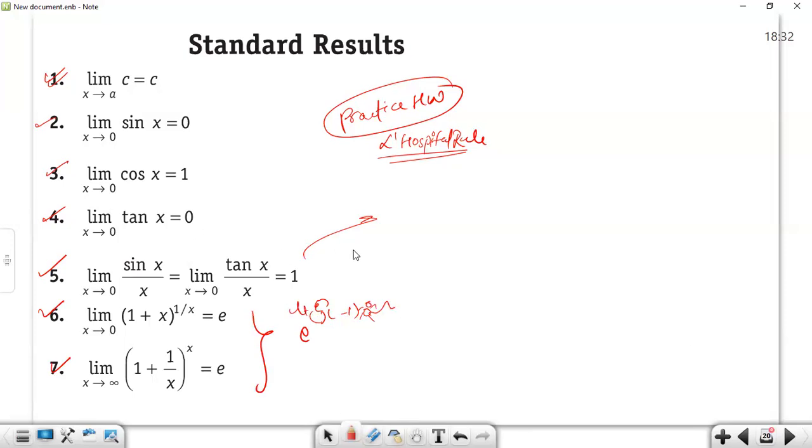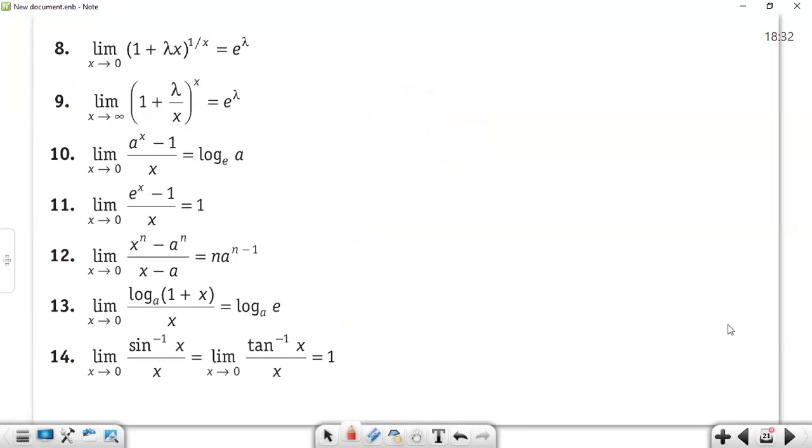Okay, so this is your practice homework that you have to prove these formulas, these two and these. These two using L'Hospital and these using the Bandar formula. Oh my god, my drawing.